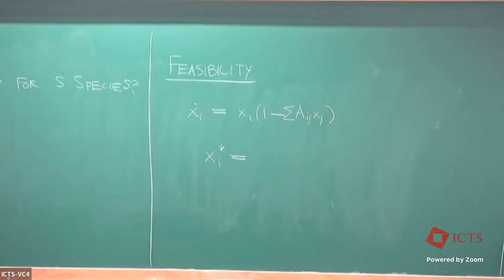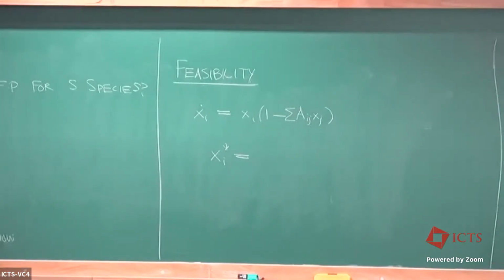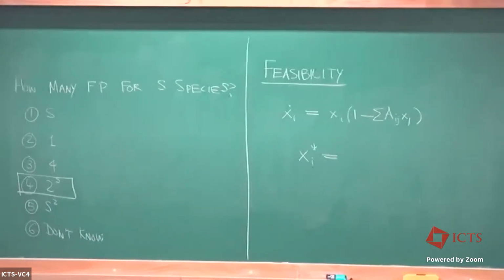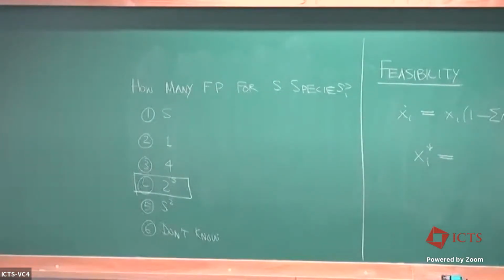It's just that the fixed point was not feasible. Mathematically there are still 4. It's just that one of them is not feasible, and that's going to be important for what we're going to talk about. I would say that's not a bad argument, but it doesn't help us choose a unique answer. So does someone have more insight to break this symmetry between 2 to the S and S squared?